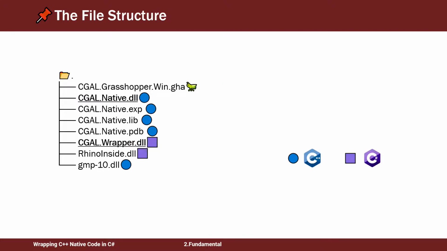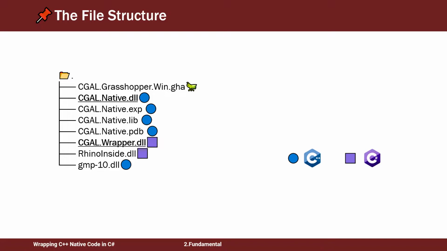Okay, with that bigger picture in mind, we zoom in to file details. The blue dots stand for files from C++ and purple for C#. In this case, the .gha file of a Grasshopper, the invoke order is that first in the .gha file, then to the C# DLL, then to the C++ DLL, and back and forth.